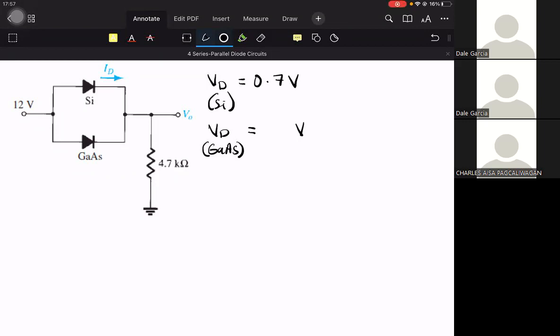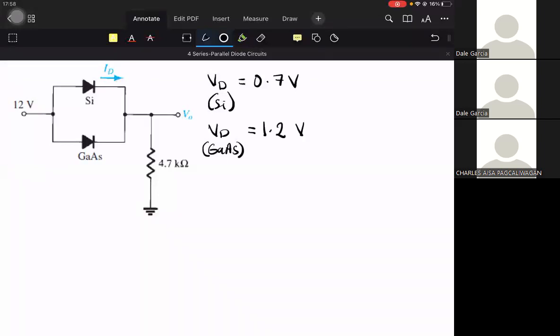How much for gas? 0.3. That's for germanium, ang 0.3. Sige, if nakalimot mo, that's 1.2. So 1.2 volts ang forward bias voltage sa gallium arsenide na diode.